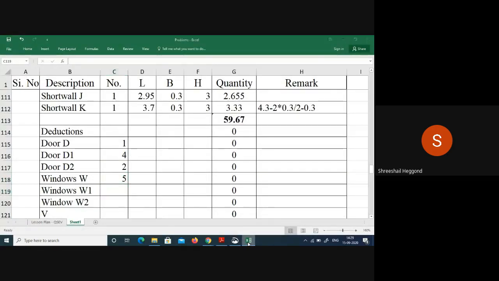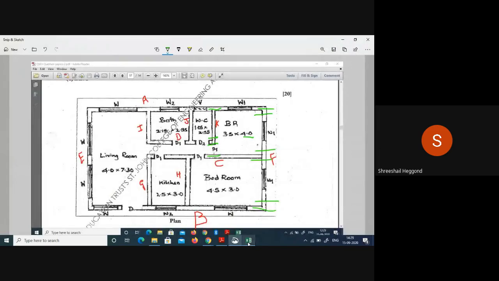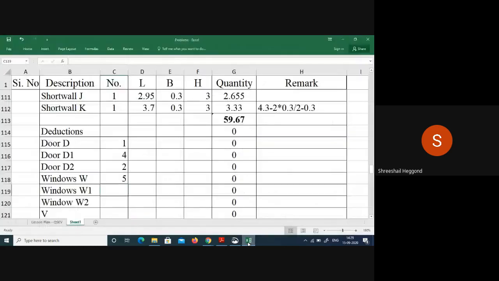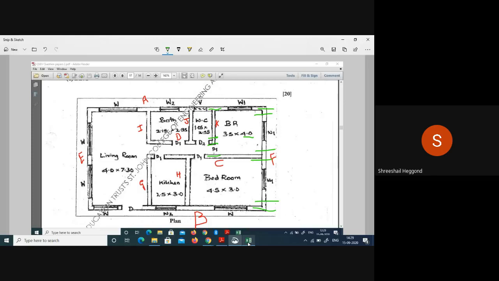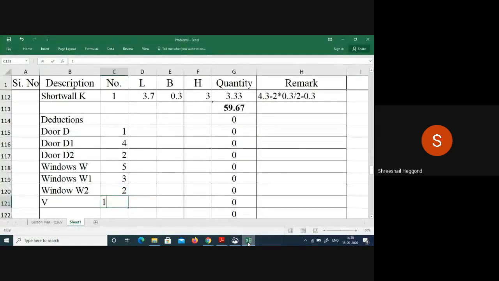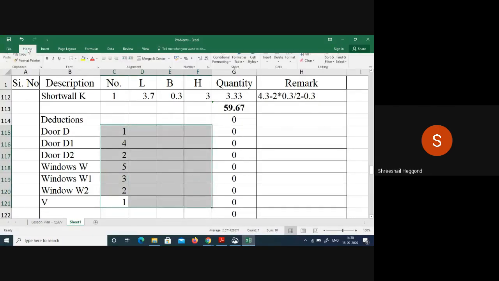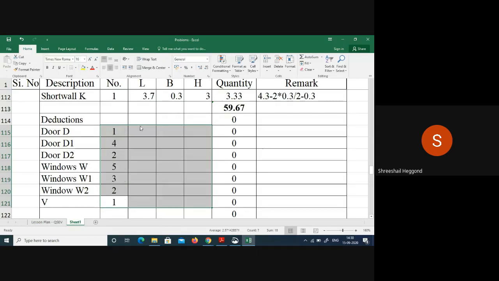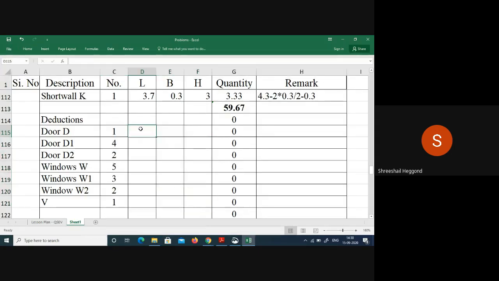And W1, there are 3 in the bedroom, therefore you can write 3. And W2 are 1 in kitchen and 1 in bathroom, therefore 2. And ventilator is 1. Dimensions are known to everyone, so multiply with the dimensions. Door D dimension is 0.9, 0.3, height is 2.1.